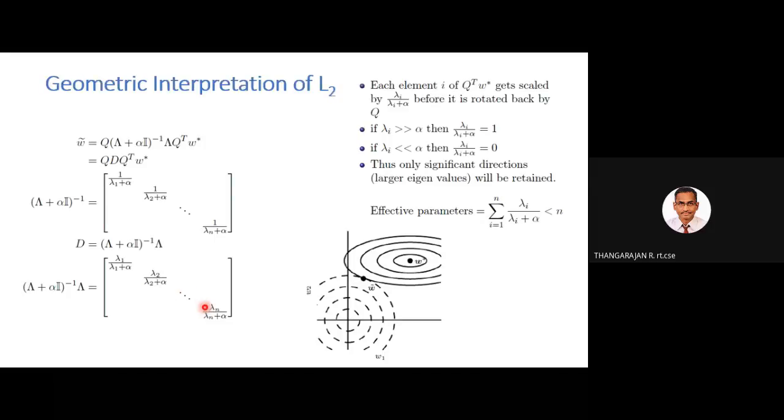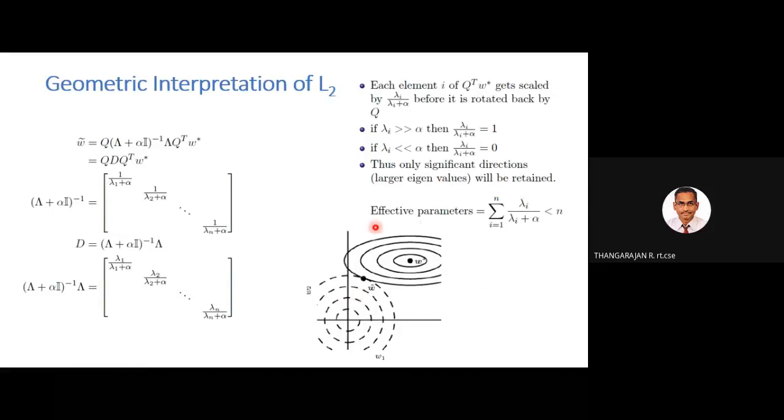You are not penalizing all the features in the same manner. Thus, only significant directions, with larger eigenvalues, will be retained and others will be left out.